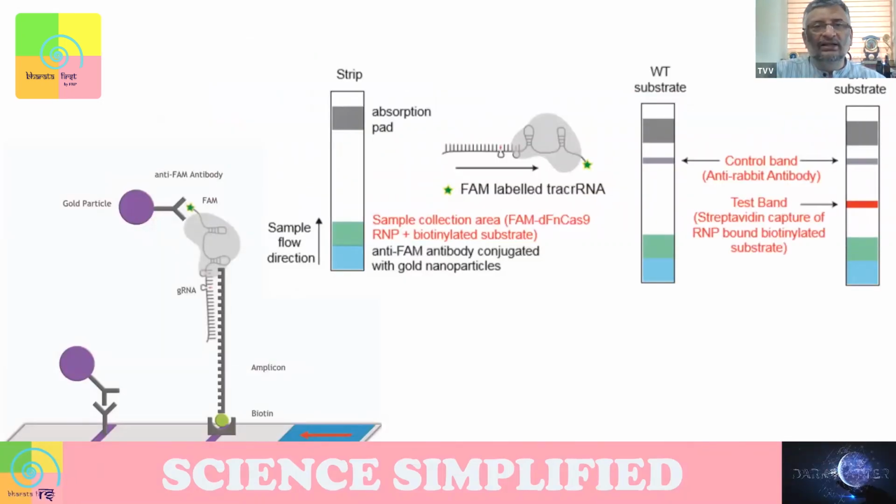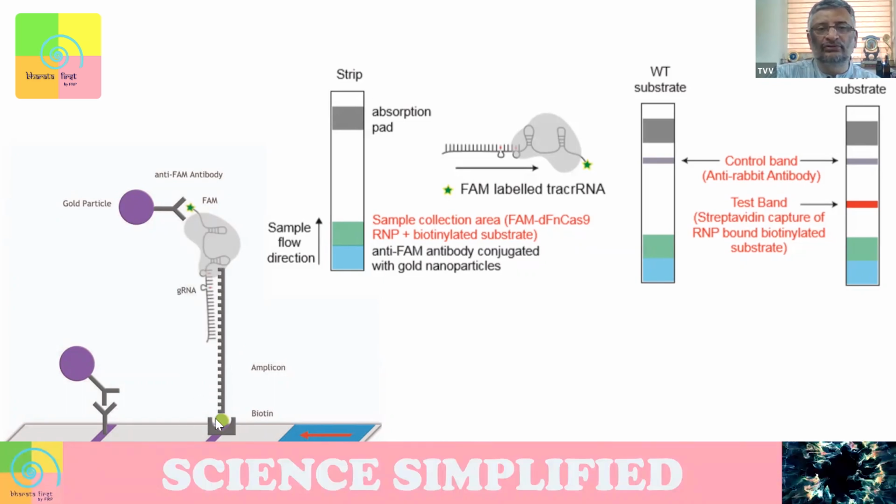There is also another way. For example, CRISPR technology has been used in something like a strip paper. One of the methods that was fabricated by India, the IGIB, is called the Feluda test. Okay, in that what you do is that the CRISPR-Cas9, if it attaches with the RNA, then it will go and attach to the test band.